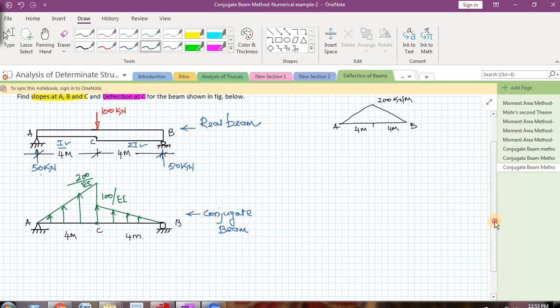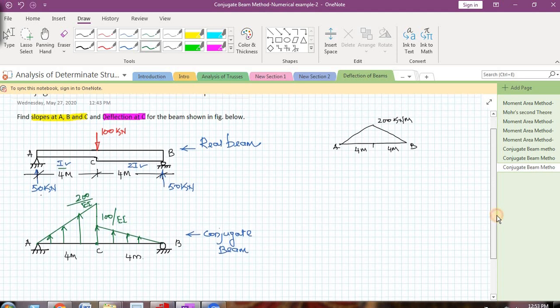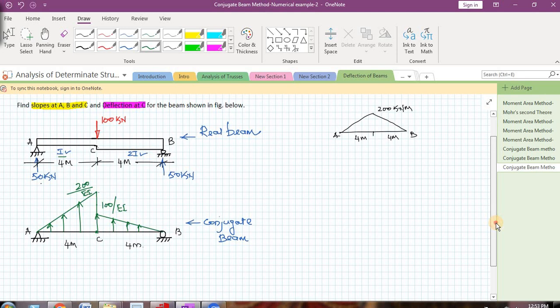Now once it is done, what has been asked is slope at A, B and C and deflection at C. We know that to find the slope on the real beam, you need to find the shear force on the conjugate beam. So first let us find what is the slope at A. First step.